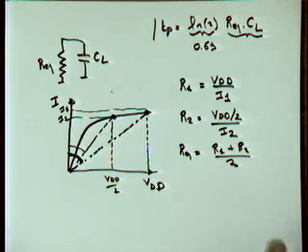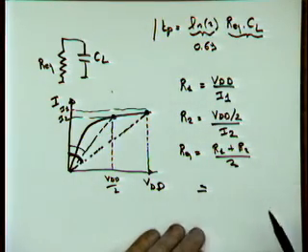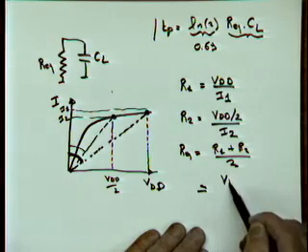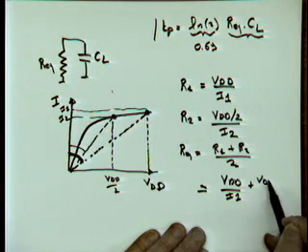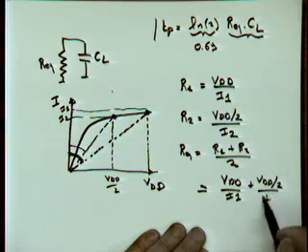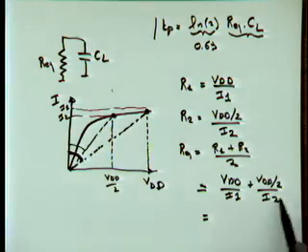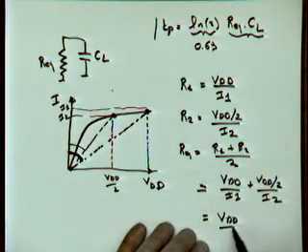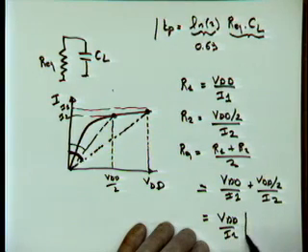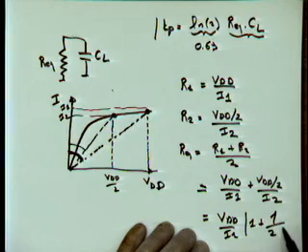Now think about what I get in this case. This R equivalent is R1 plus R2 divided by 2. It's going to be VDD over I1 plus VDD over 2 times I2. Those things are quite similar with respect to each other. So I can take VDD over I1, and you get 1 plus 1/2 times I1 over I2.